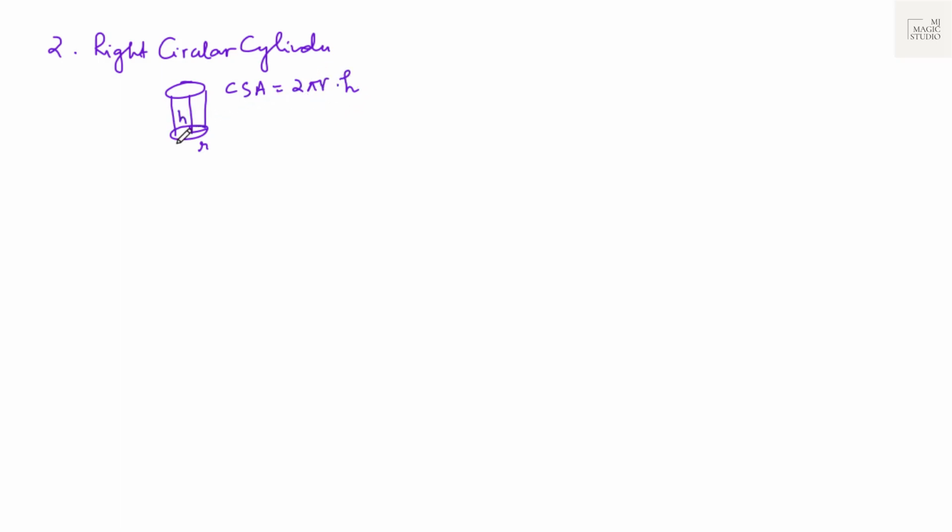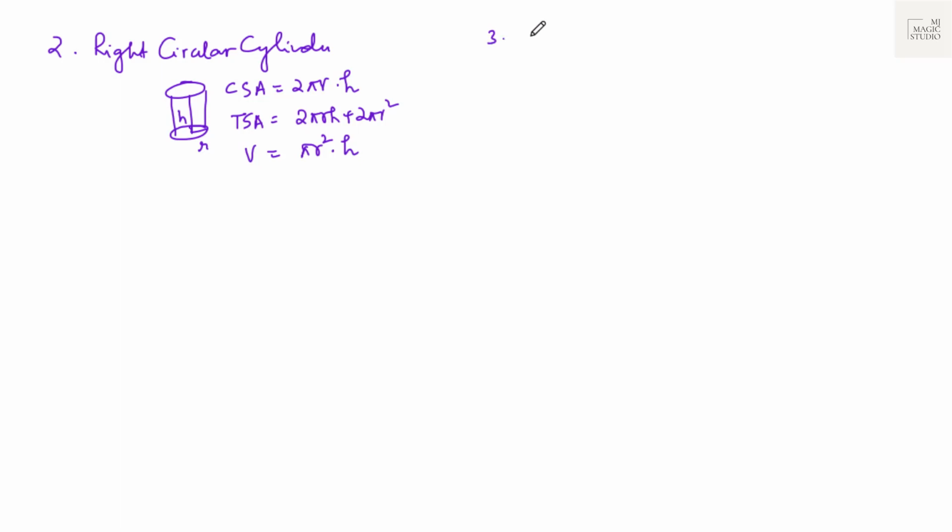Curved surface area is perimeter of the base into height. Total surface area is curved surface area and area of the two ends. So that will be 2 pi r h plus 2 pi r square. Volume, area of the base, pi r square, into its regular height, that is h. So volume of right circular cylinder would be pi r square h.